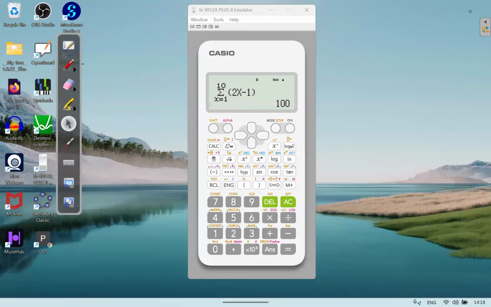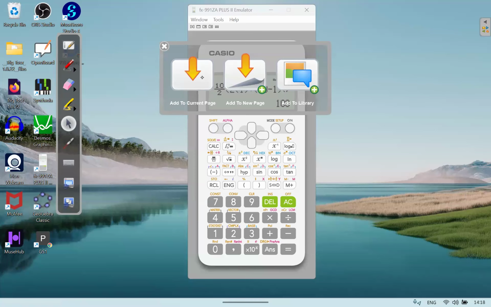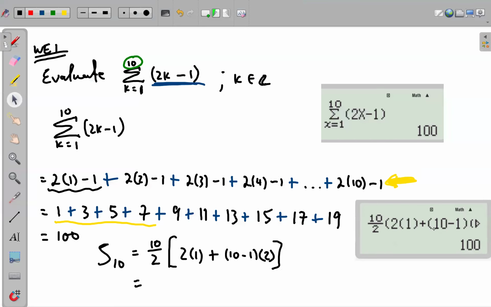You punch this whole thing into your calculator, and just like that, we still get our 100. So this is equal to 100.